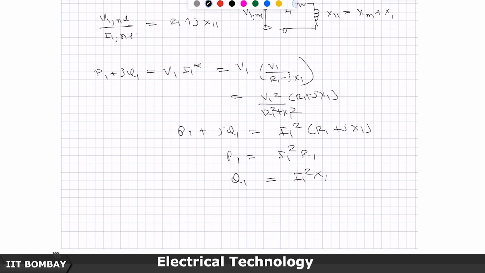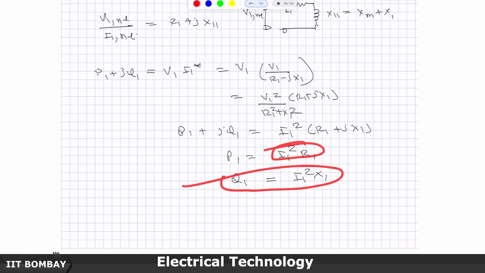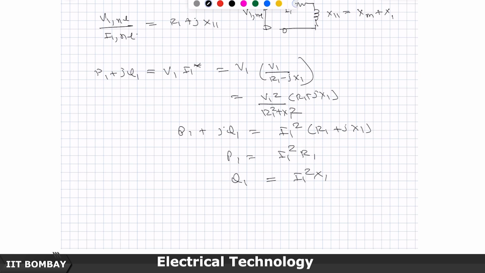So, you got one very interesting formula here. We all know the first one, but this is another interesting formula: in the resistance, I1 square R1 watts of loss is happening, and in the inductance connected with it, I1 square X1 volt amperes reactive is the loss.